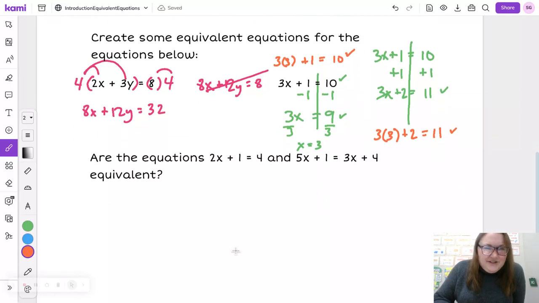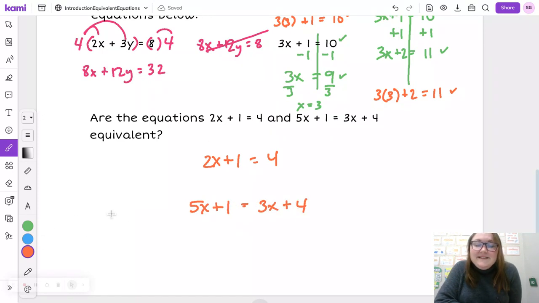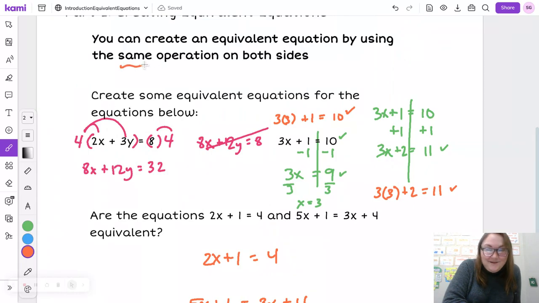The last type of question you might see in this lesson is if I give you two equations and I ask if they are equivalent. So for example here, our 2x plus 1 equals 4 and 5x plus 1 equals 3x plus 4. The focus of these is going to be, can you identify what math I did? If I am doing the same operation on both sides, it means it's equivalent.